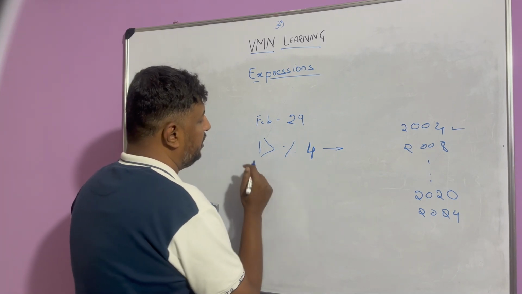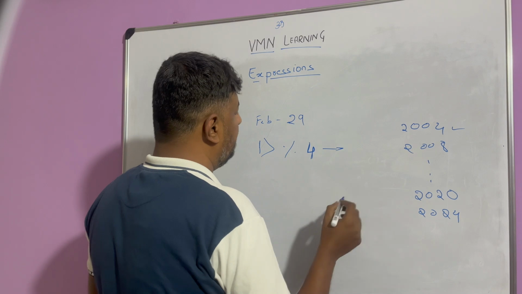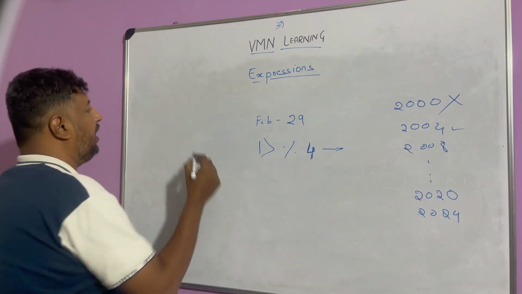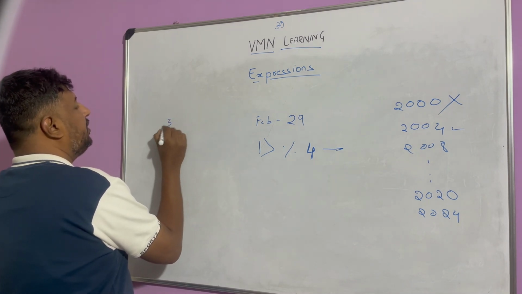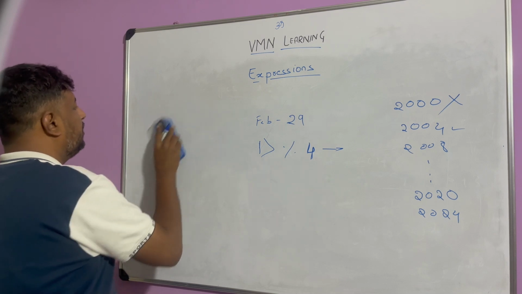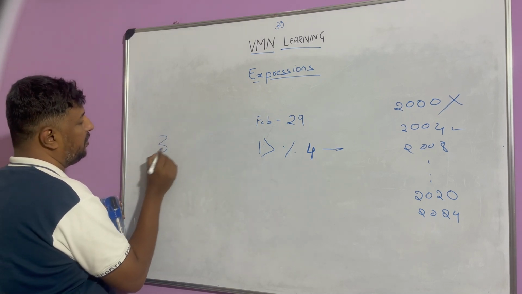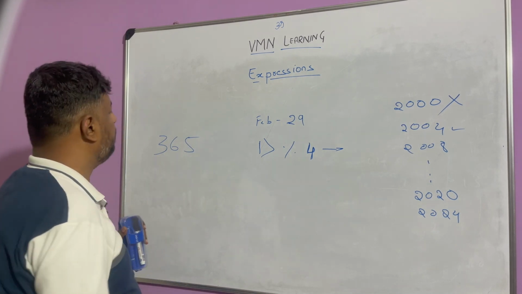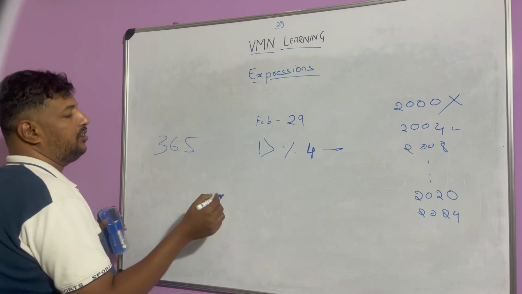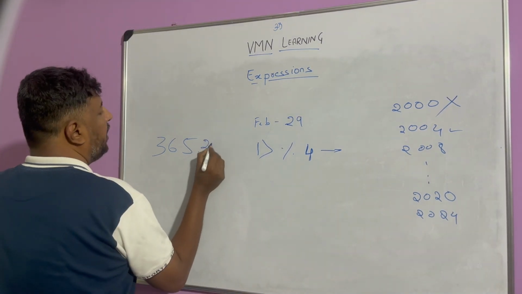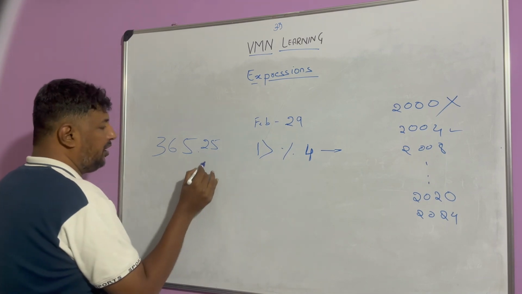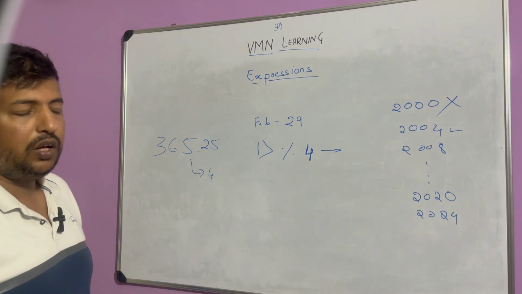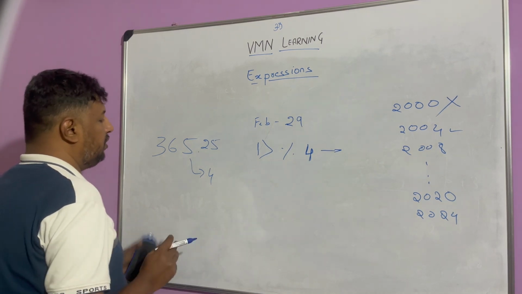Another condition is this. In a year we have 365 days, but actually it's 365.25, so we add one extra day every 4 years to compensate.